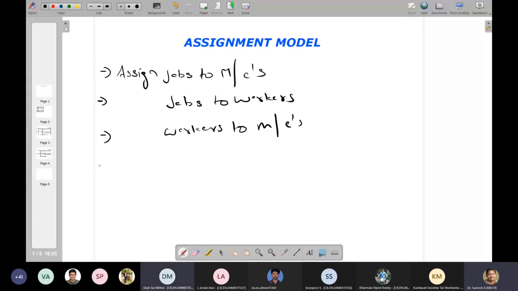Now, why do you want to assign, or in what way will we normally assign? What is the purpose of assignment?